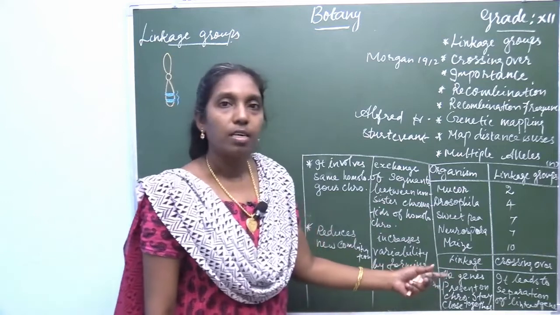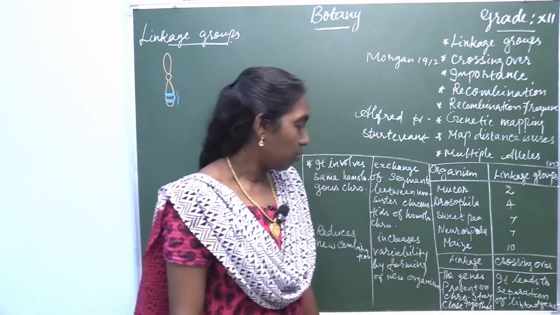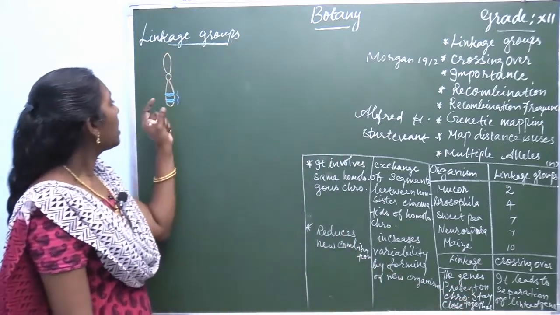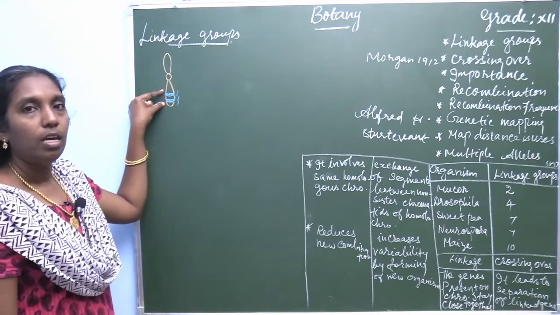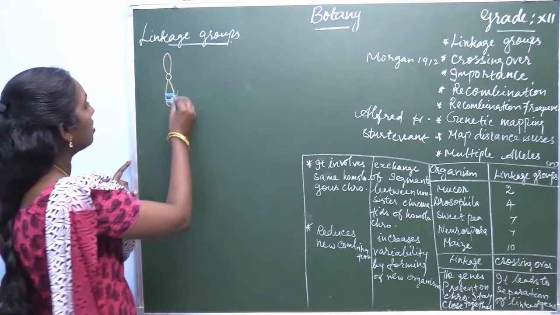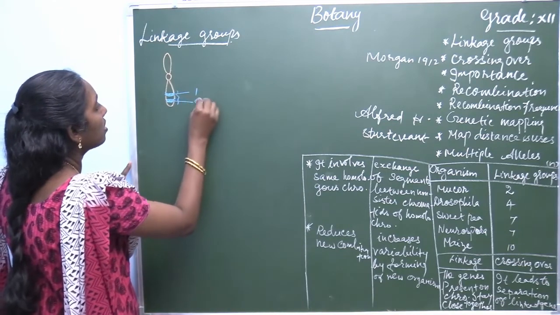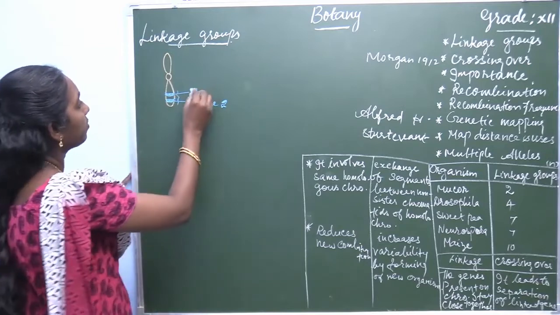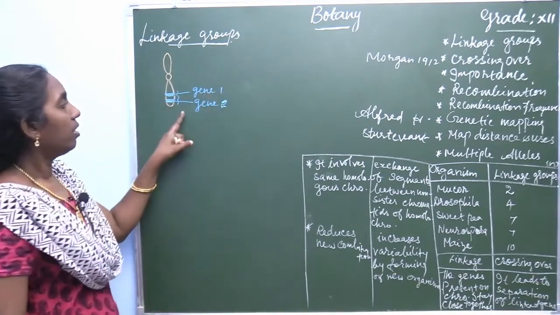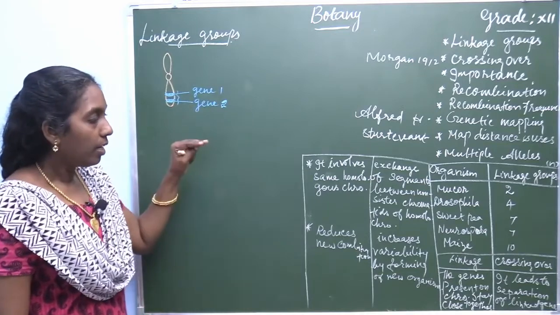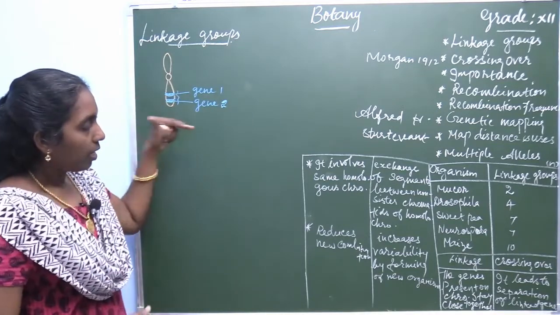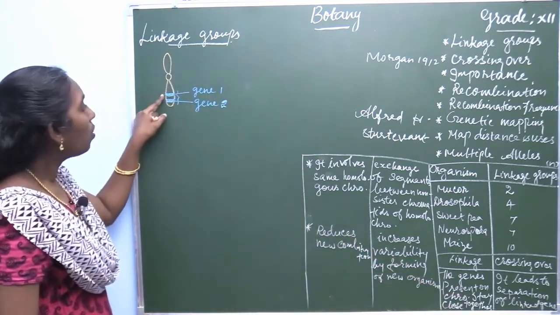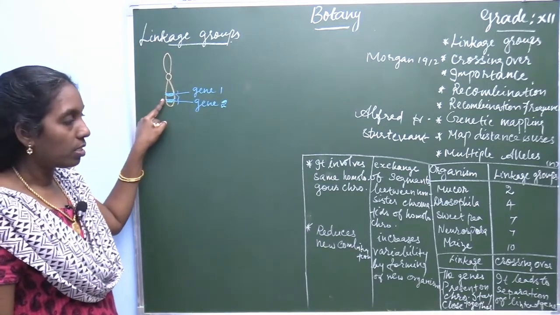See the differences. What are the differences between linkage and crossing over? Number 1, in linkage, the genes present on a chromosome stay close together. This is gene 1 and this is gene 2. But what happens in crossing over?